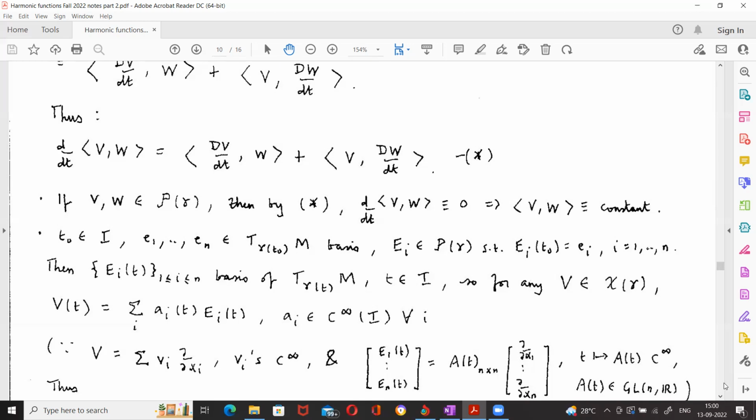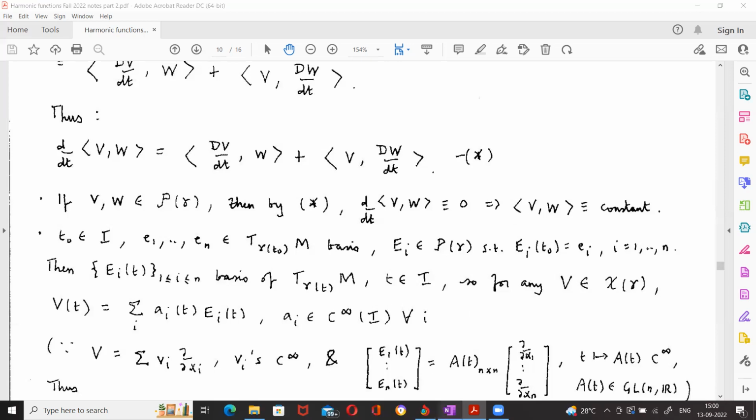So this also tells me that in this case, the parallel transport isomorphisms will also be isometries, right? Because the inner product stays constant. So that means that parallel transport preserves inner products, right?